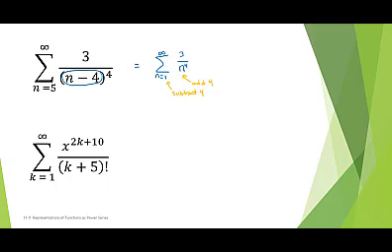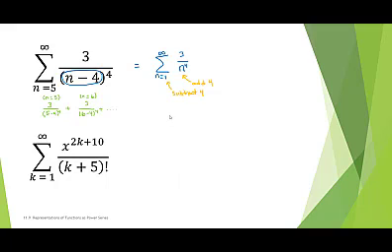If we want to check and make sure this works out, we can write out the first couple of terms. In our original sum, the first term is n equals 5, and our term is 3 divided by 5 minus 4 to the 4th. Our second term would be n equals 6, and we would have 3 divided by 6 minus 4 to the 4th power, and so on.